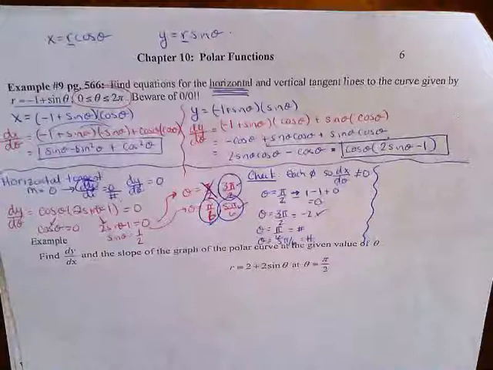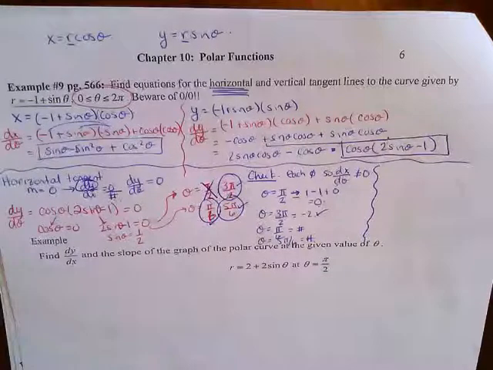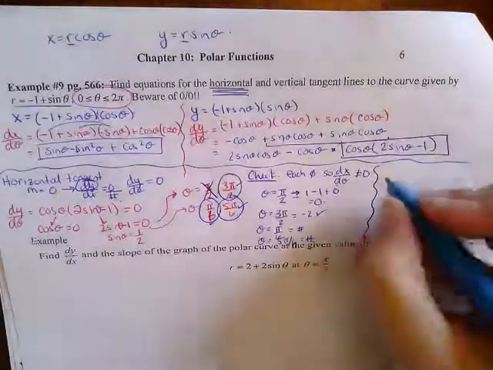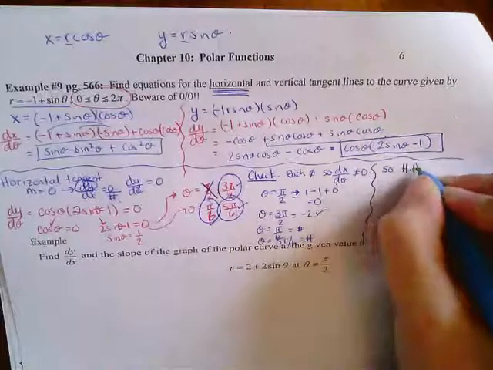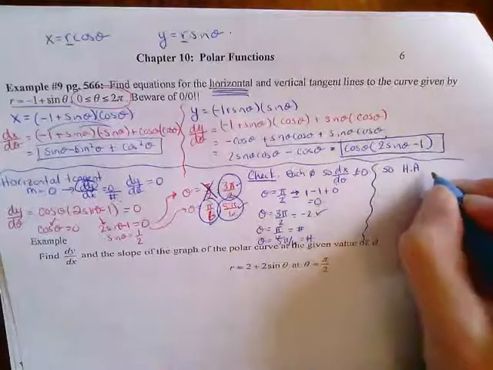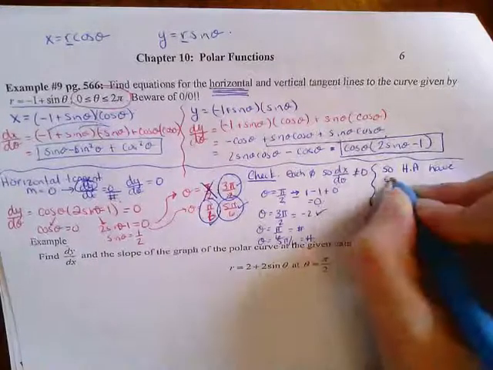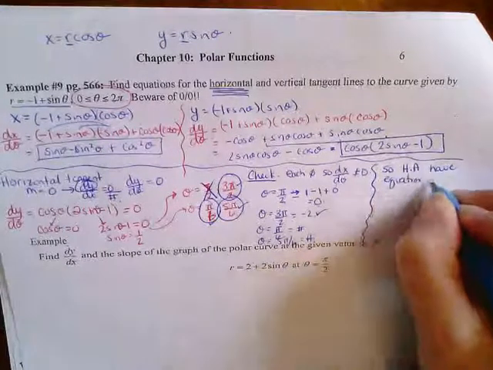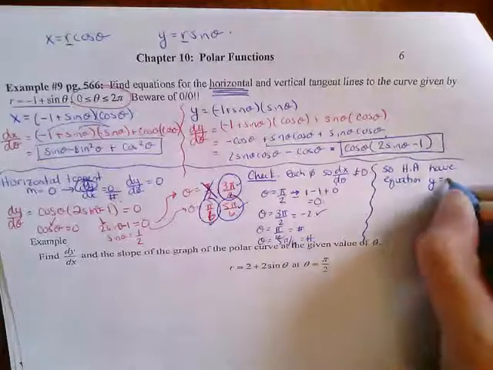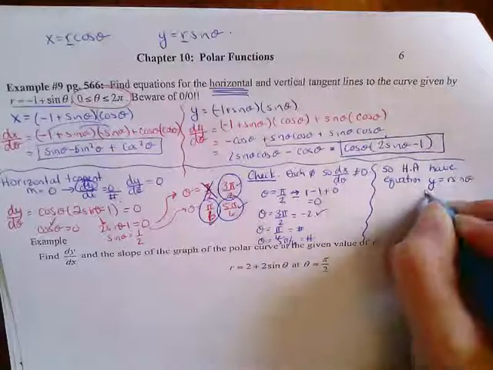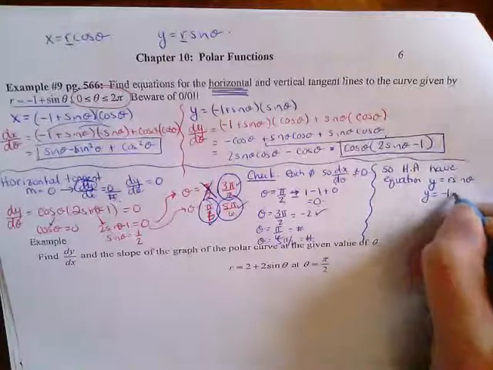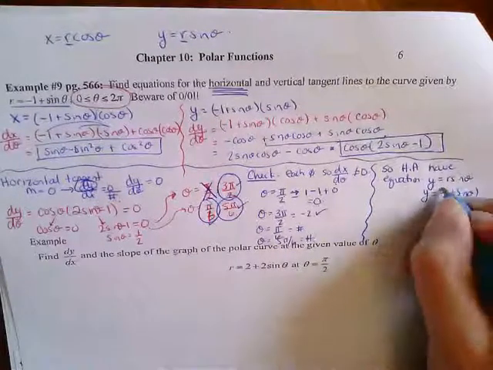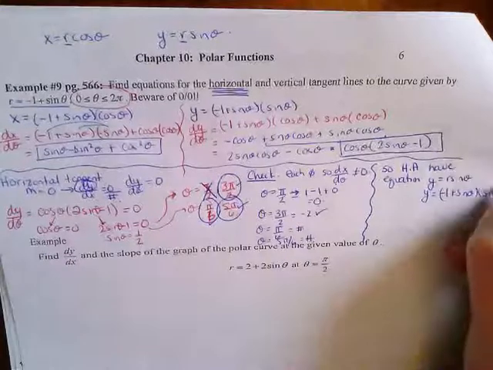So now that we have our 3 thetas, we want to find our horizontal tangents. Our horizontal tangents have the equation y equals r sine theta. And in this particular case, our r is -1 plus sine theta, times sine theta, right?